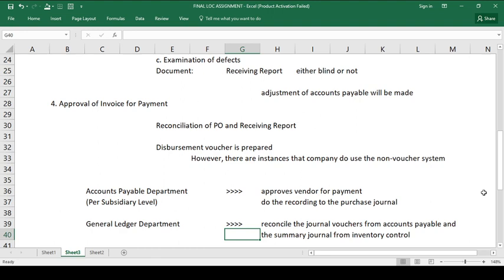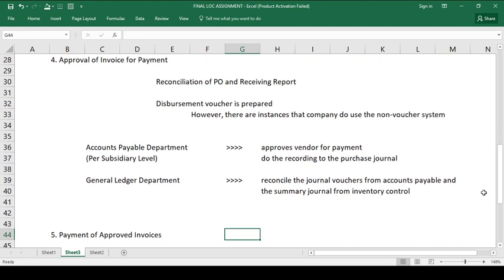Parang sinasabi mo na yun sa disbursement department na okay na po ito lahat, na-receive na po, wala na pong mga defects, and then pwede na siyang gawan ng cheque kasi authorized to disburse na po tayo. That is the approval of invoice for payment.